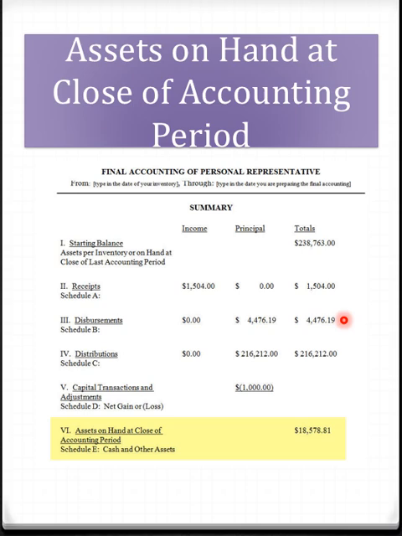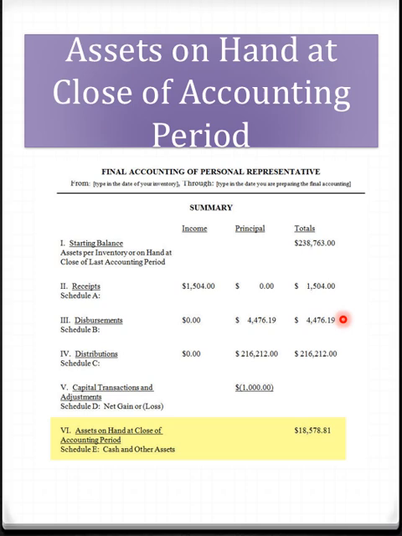And now we have distributions. This is the stuff that left the estate assets because it was transferred over to the beneficiary, Mr. Porter. So we started with this, we add this, we subtract this, and we subtract this. I think if you just think of the nature of these types of transactions, it'll make sense why you're adding this one and subtracting these. And then here we have another $1,000 we need to subtract from the carrying balance.